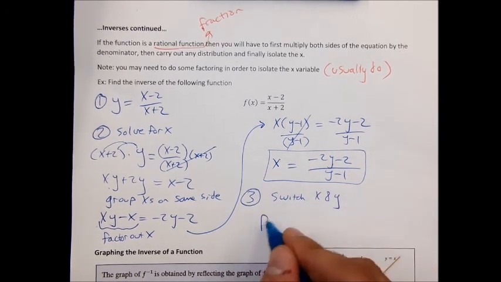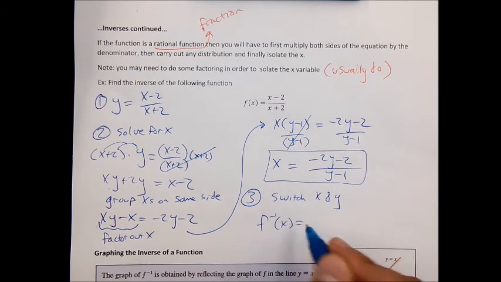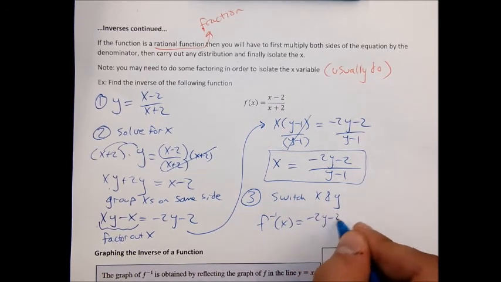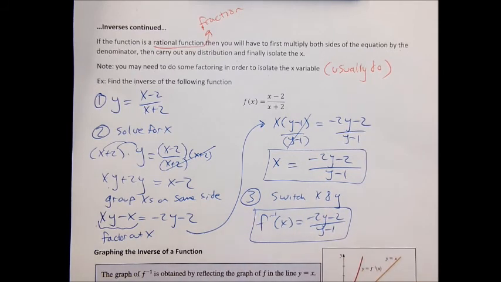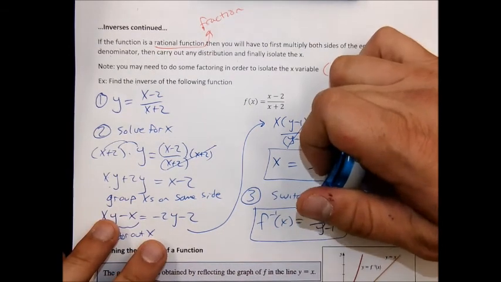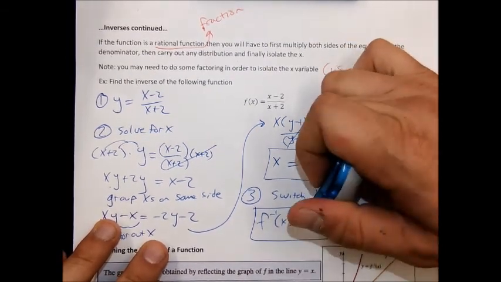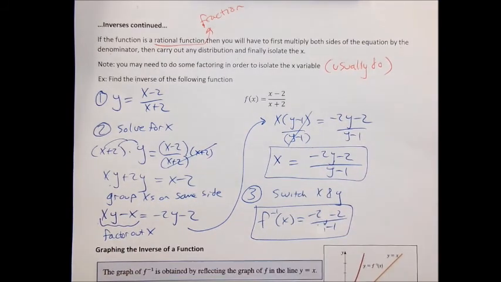And so we could get f inverse of x is minus 2y minus 2 over y minus 1. Oh, thank you. Yeah. I said switch the x's and y's, and I didn't do it. Those should be x's, thanks.